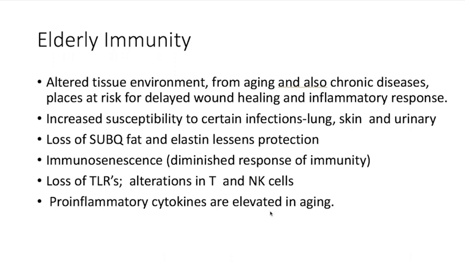There's a loss of subcutaneous fat, and elastin lessens protection, and then we have easy access for that barrier to be broken. We have a loss of toll-like receptors. We have alterations in T lymphocytes and natural killer cells, which we're going to get into next in adaptive immunity. We also have more pro-inflammatory cytokines as we get older. So we like to be more inflamed as we put the years on.